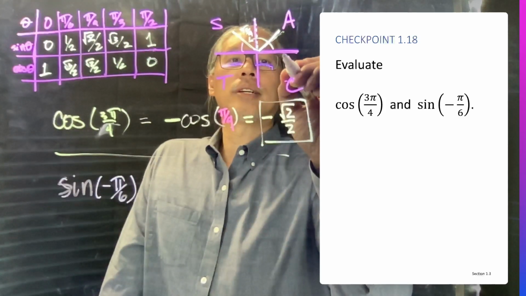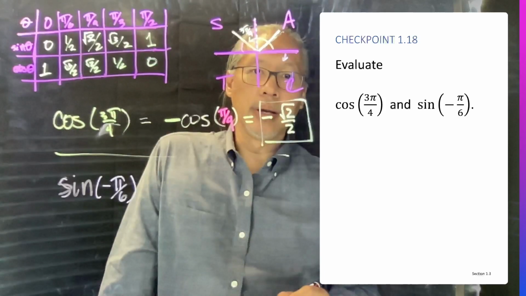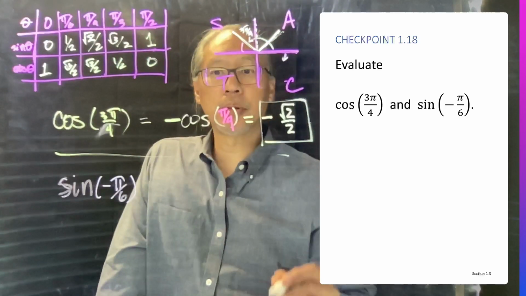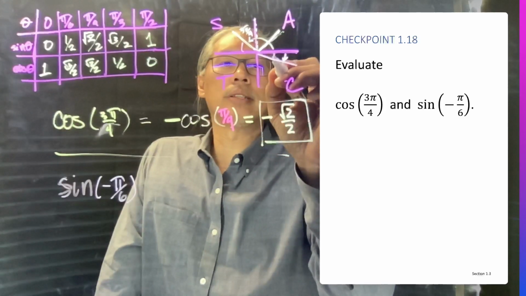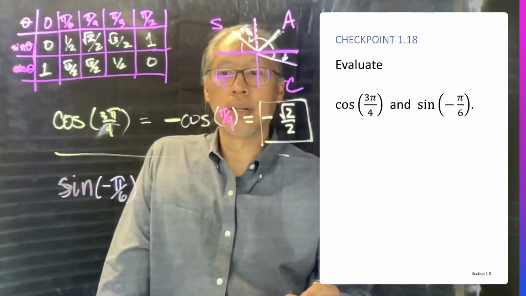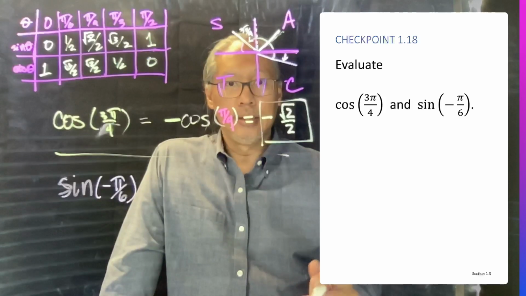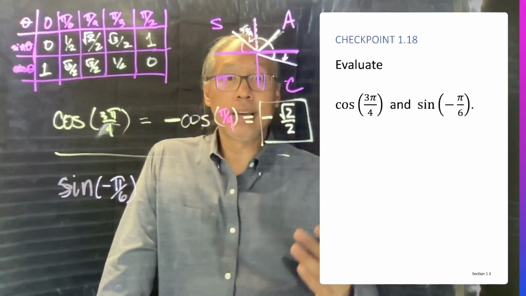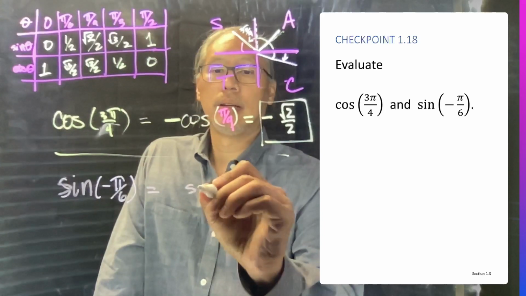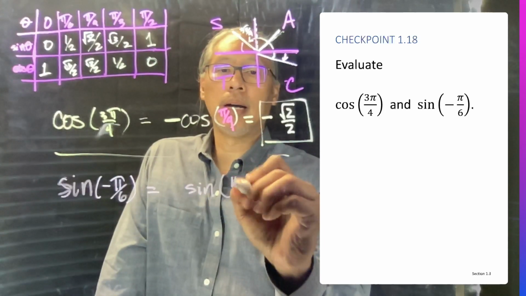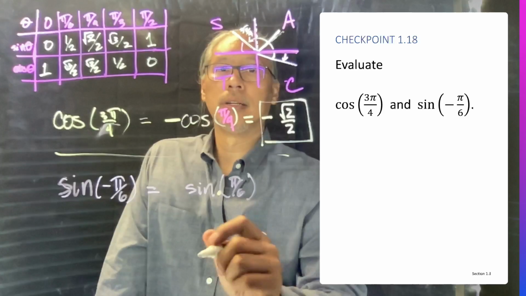So negative pi over 6 is a negative measurement going in the opposite direction. So that puts us in the fourth quadrant. And pi over 6 is this measurement. So that means the reference angle is also pi over 6. So this is going to be pi over 6, a reference angle.